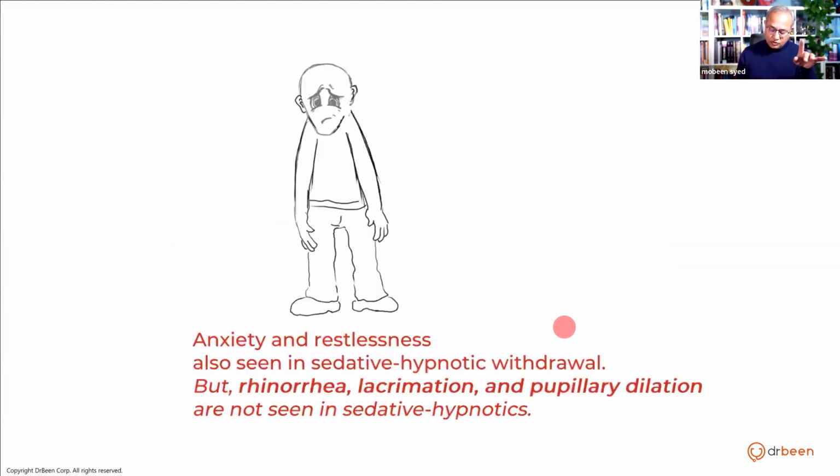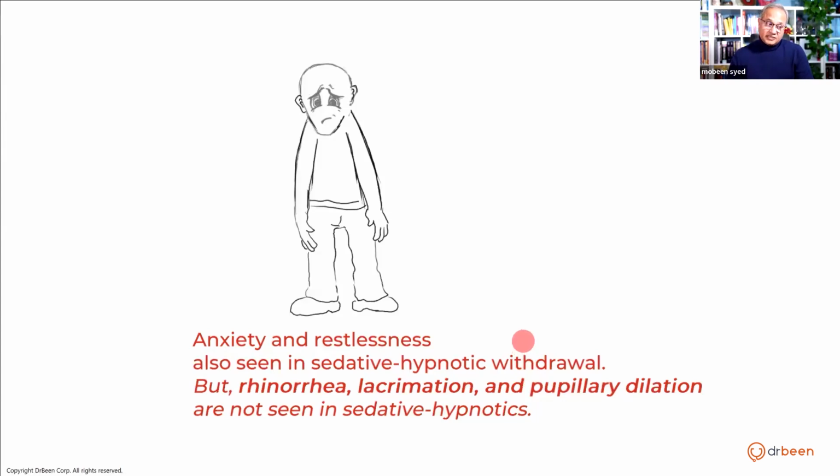Anxiety and restlessness are also seen. Now, this is the differential diagnosis: can other drugs have the same symptom set, this criteria of 9 signs and symptoms plus criteria A, C and D? Anxiety and restlessness are also seen in sedative hypnotic withdrawal. But rhinorrhea, fluid coming from the nose, lacrimation from the eyes, or pupillary dilation are not seen in sedative hypnotics.